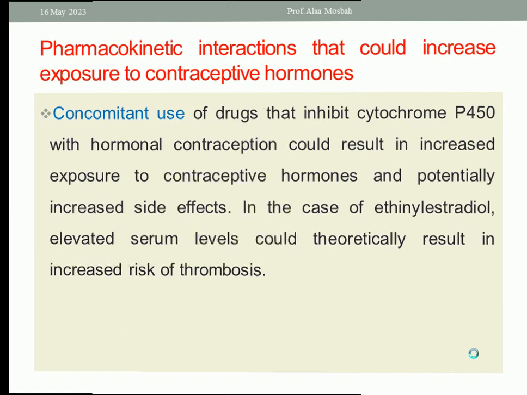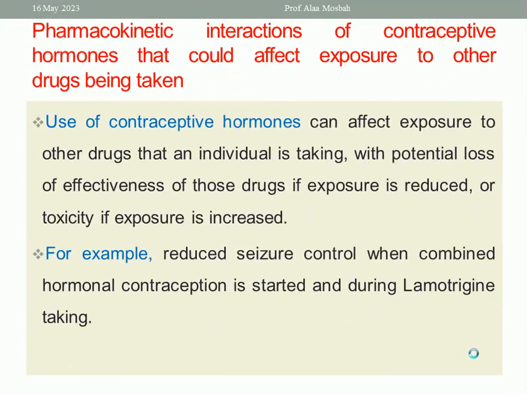what else? What about pharmacokinetic interaction of contraceptive hormone that could affect exposure to other drugs being taken? Here, the contraceptive hormone will affect the other drug. Okay? Use of contraceptive hormone can affect exposure to other drugs that an individual is taking, with potential loss of effectiveness of those drugs if exposure is reduced, or toxicity if exposure is increased.